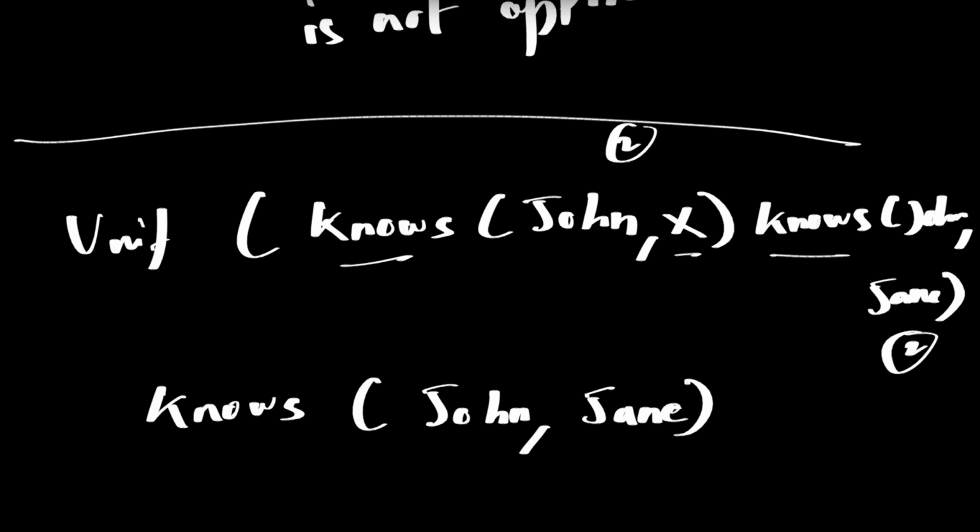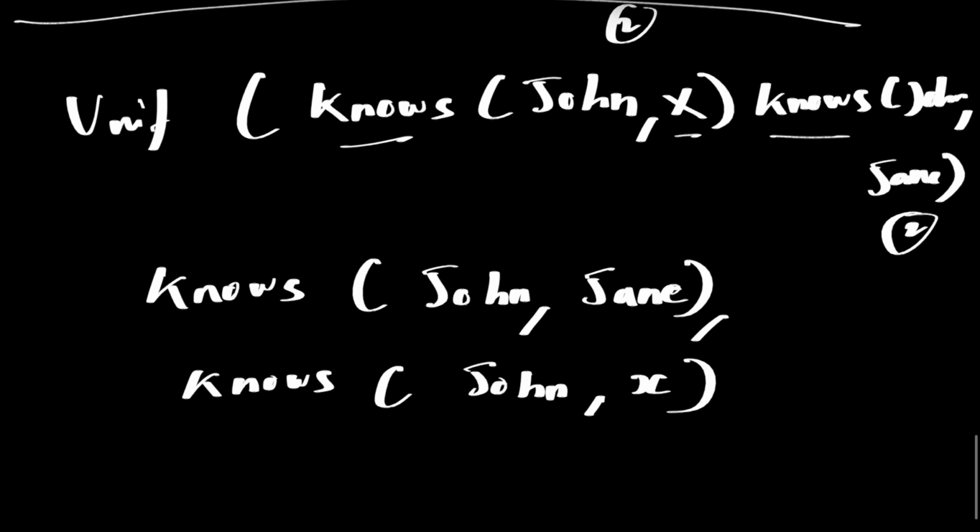So this actually has an implied meaning: John knows Jane, and again Knows(John, X), right?